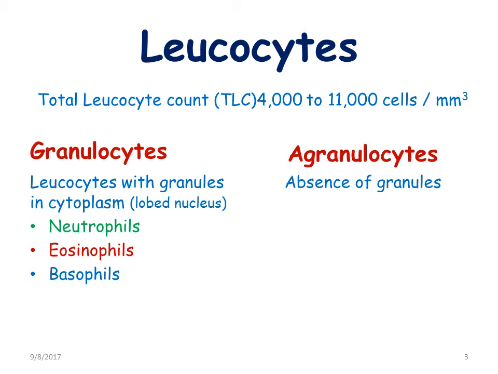While the agranulocytes do not have any granules in the cytoplasm, that's why it's called absence of granules. They are classified into the lymphocytes and the monocytes. Another important thing is that the agranulocytes contain a single nucleus.